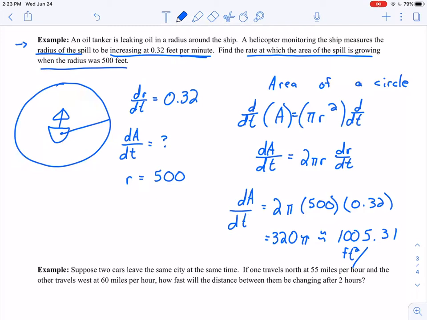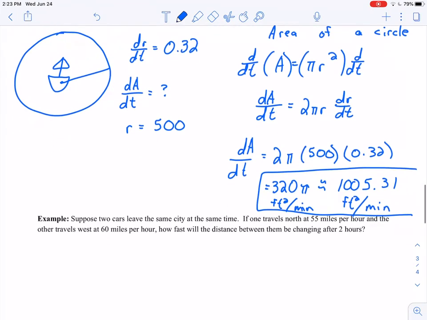Well, we said per minute, that is my unit of time. That part has not changed. So we have either 320 pi feet squared per minute or 1,005.31 feet squared per minute, depending on whether you want an exact answer or a decimal approximation.